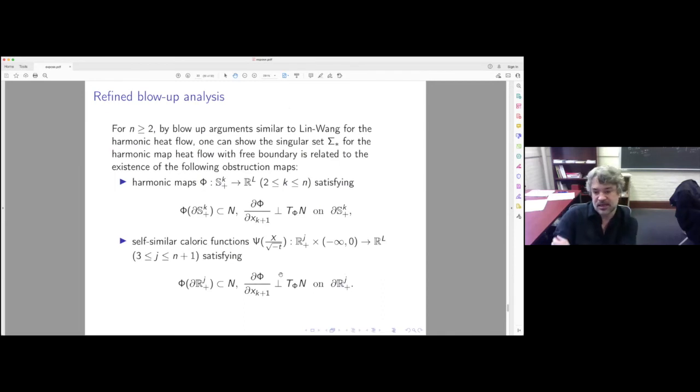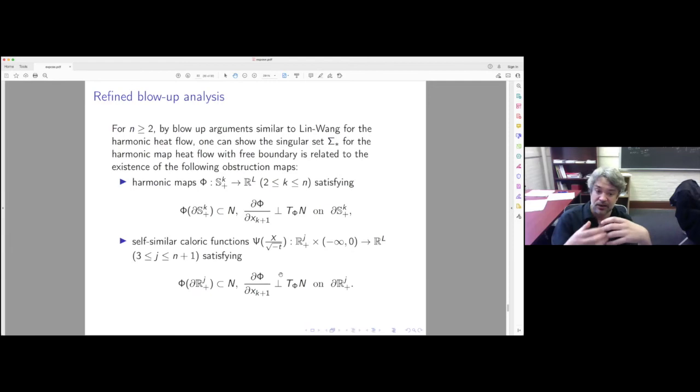So as I was alluding to a little bit earlier, one can ask what are the obstructions to a global solution. What is happening when you have finite time blow up? In the case of the classical harmonic map heat flow, there is a famous series of papers by Changyou Wang and Fanghua Lin, where they look at what is the parabolic obstruction.